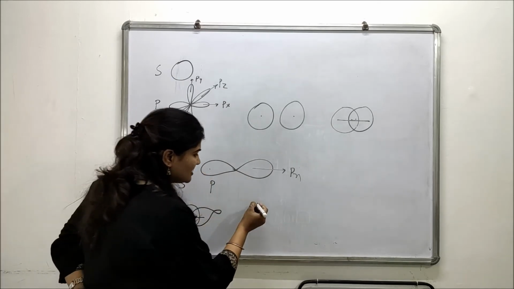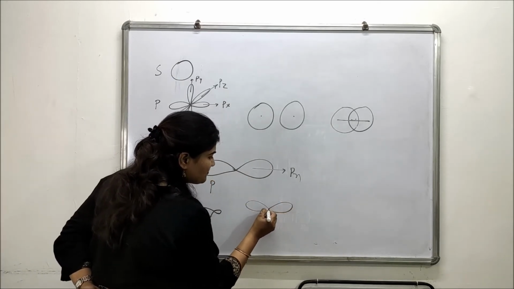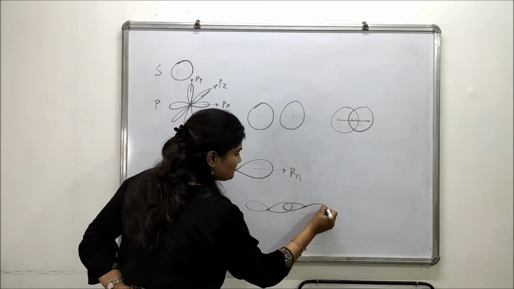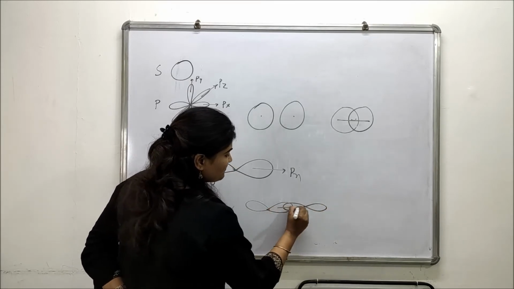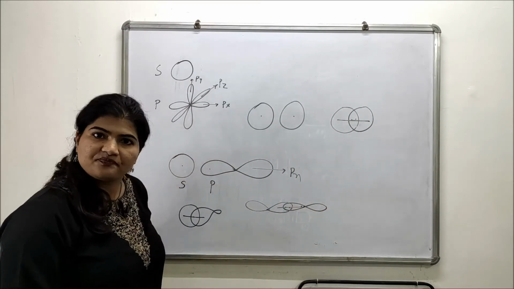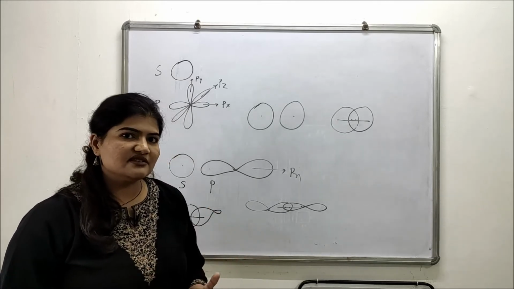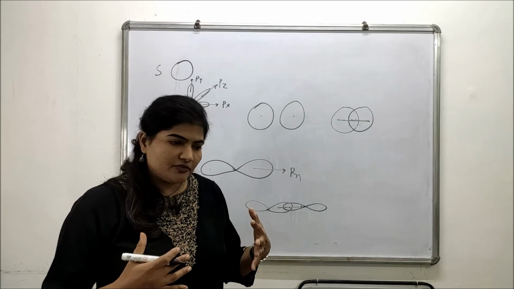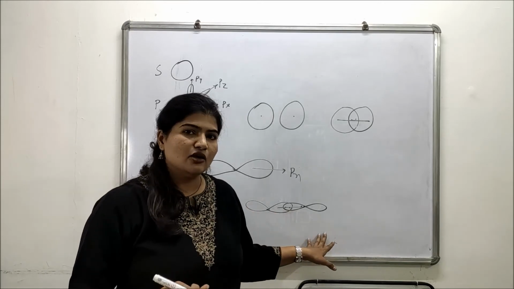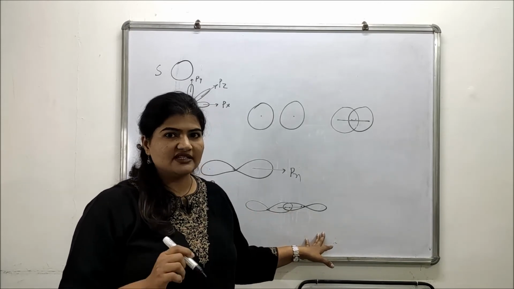Another example I can give you: a px and another px will also form a sigma bond. So for formation of a sigma bond, their alignment is equally important. If it is a px and a py of another atom, they will not form any sigma bond.